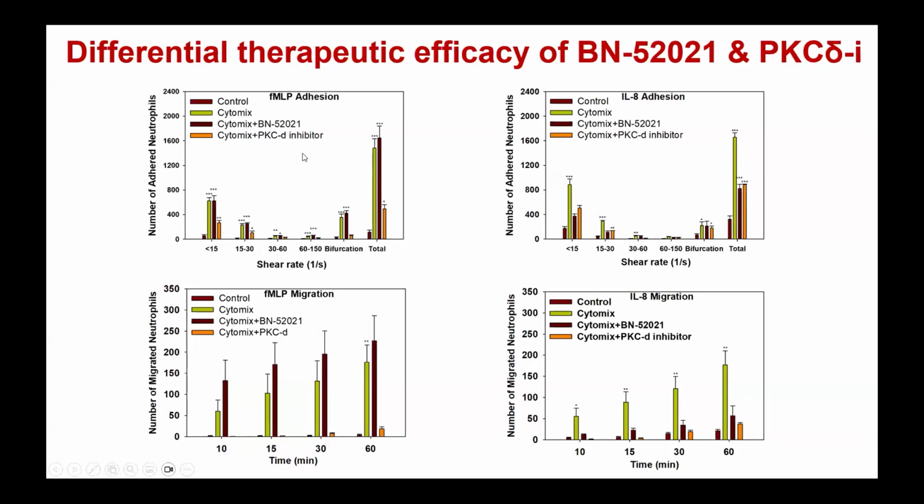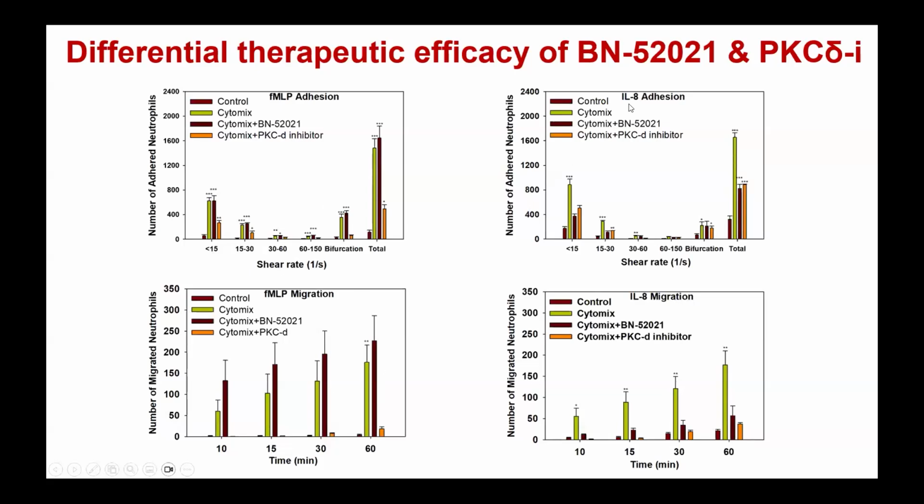And you can see some interesting results here. If you look at FMLP as the chemoattractant that you use in your system, you can see that the response of the BN and the PKC delta inhibitor are different. The PKC delta inhibitor is much more effective in treating response to FMLP, both for adhesion and migration.